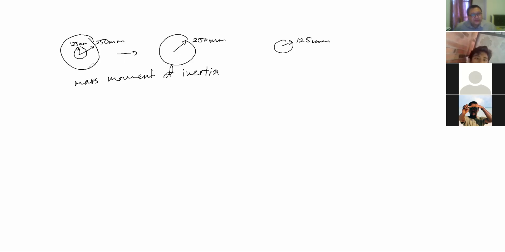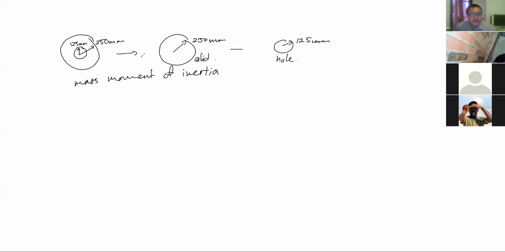We are going to determine the mass moment of inertia of the bigger one first. Then we subtract the small one, because this is the hole. It is a solid object.